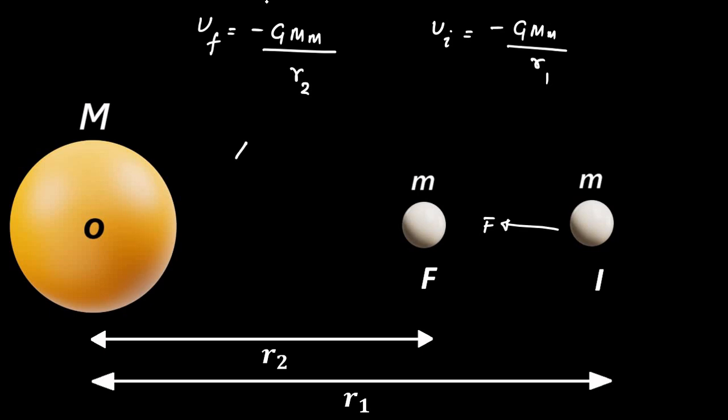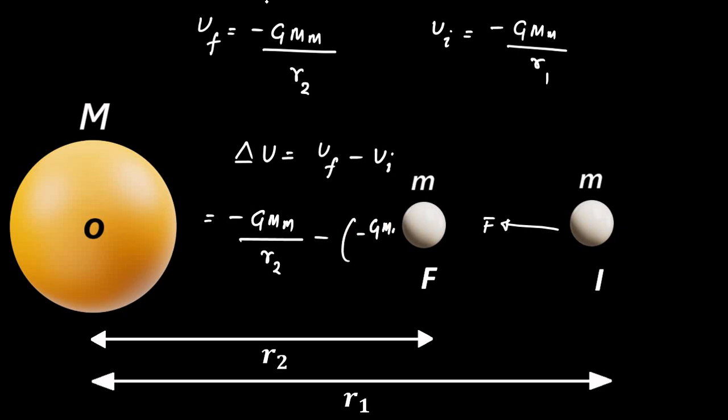So the change in potential energy is final potential energy minus initial potential energy. So it will be equal to minus G capital M small m by r2 minus, minus G capital M small m by r1. Minus minus becomes plus.